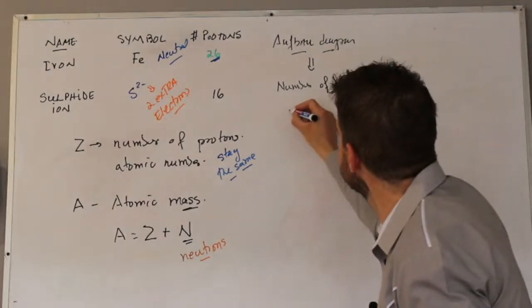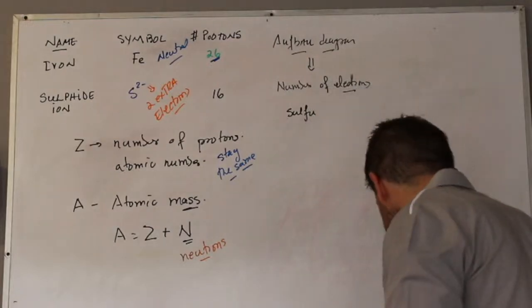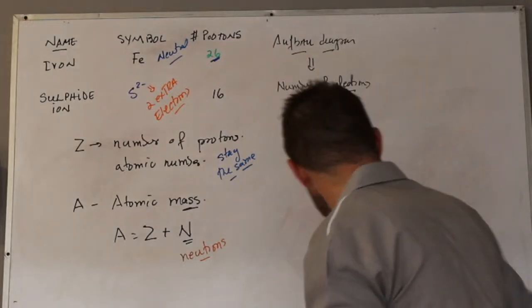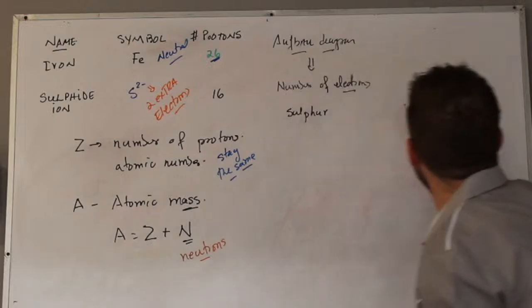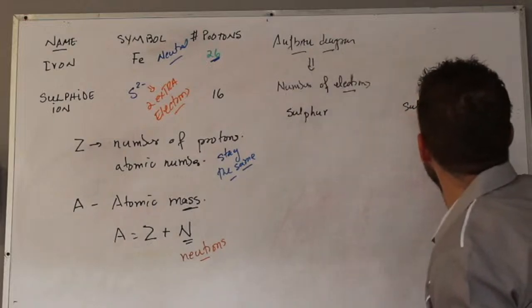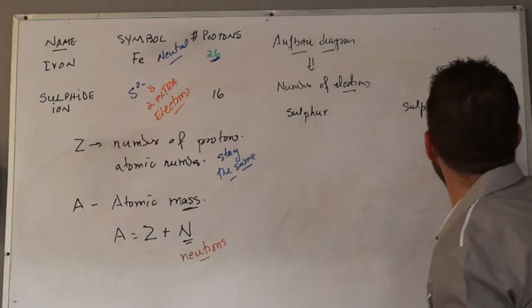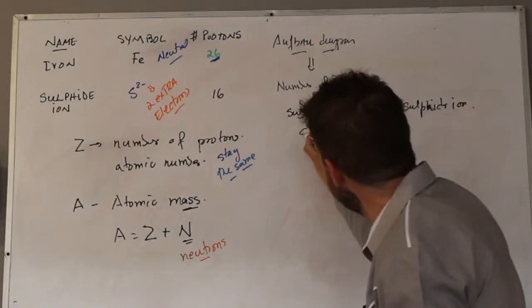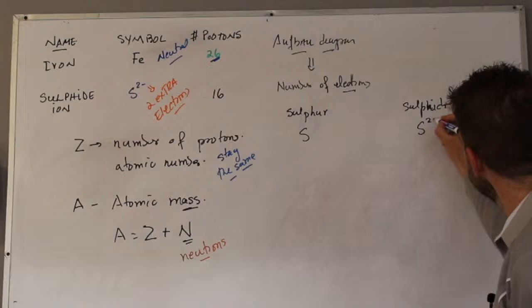So now we have sulfur, and the sulfide ion. Sulfur, the symbol is S. Sulfide ion is S 2 minus.